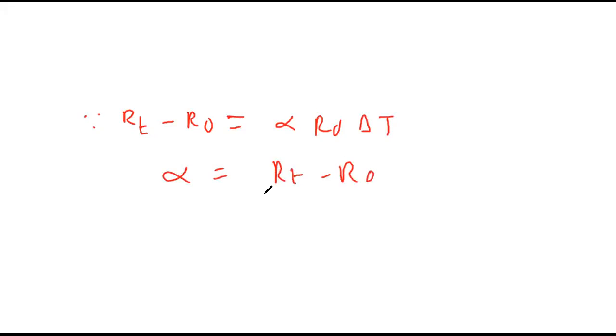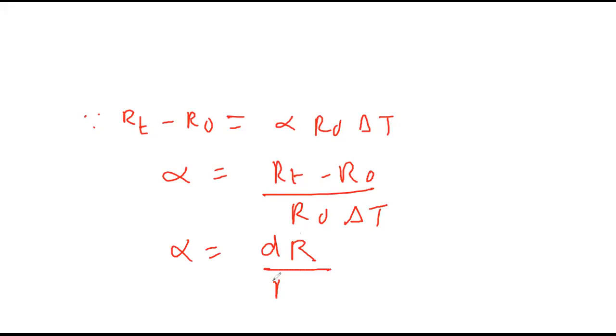So since RT minus R0 is alpha R0 delta T, I can also write alpha is RT minus R0 upon R0 delta T. So alpha equals the change in resistance, which we can write as dR upon R0 into dT.